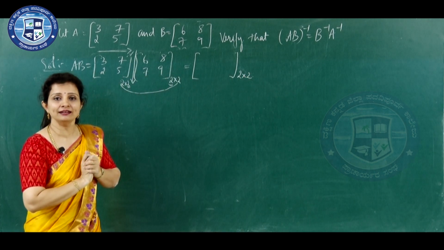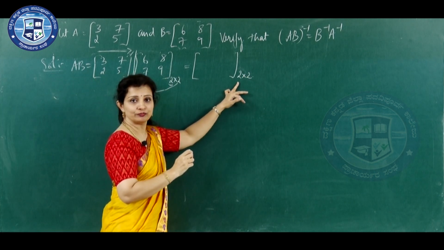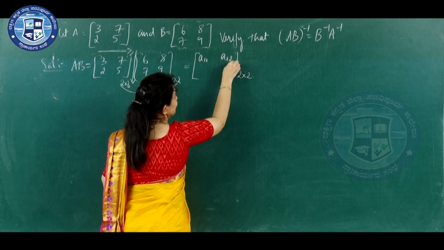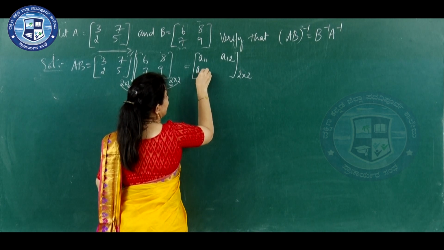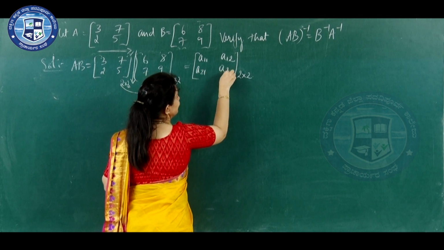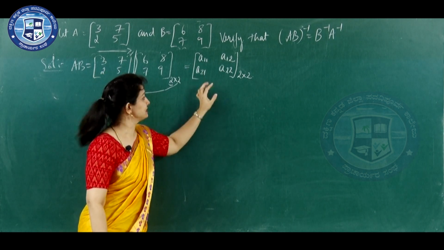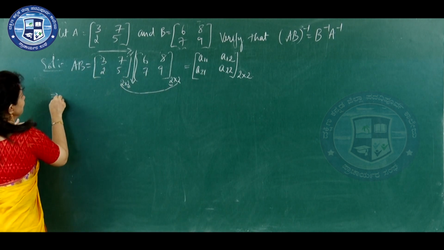Generally, how will you write a matrix of order 2 cross 2? You write the first element as A11, the second as A12, the third as A21 and the fourth as A22. Exactly the same way we are going to get the elements of the product of two matrices.